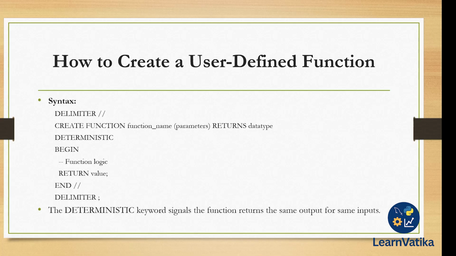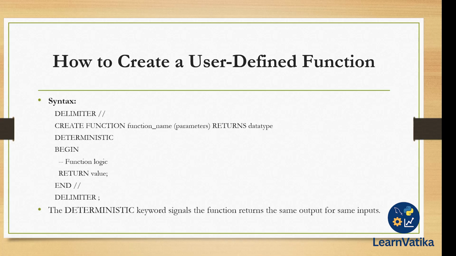This is the syntax of a user-defined function. First is the DELIMITER keyword, then two forward slashes, then the CREATE FUNCTION keywords. After that, we need to provide the name of the function. Then inside the brackets, we mention the parameters with their data types. Then RETURNS, where we define what type of value we are going to return, and then the data type of the return.